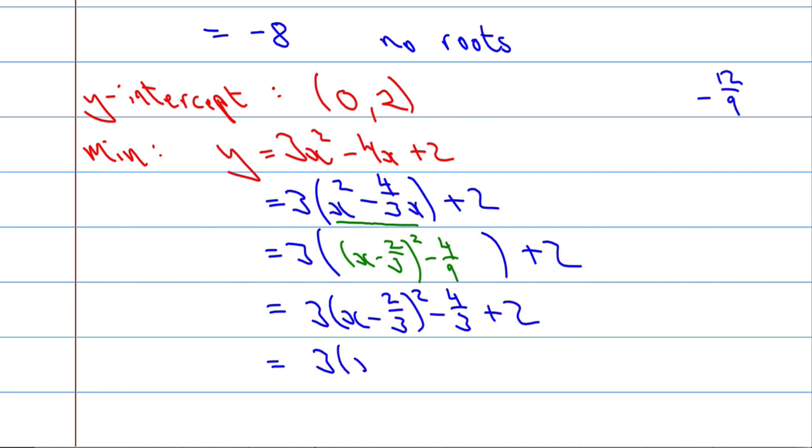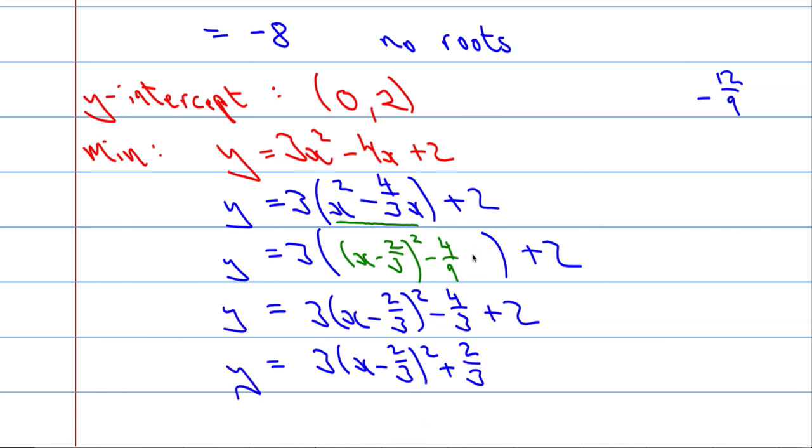This is going to be 6 over 3, so we're going to get a total of plus 2 over 3. 4 over 3 minus 4 over 3 plus 6 over 3 is 2 over 3.